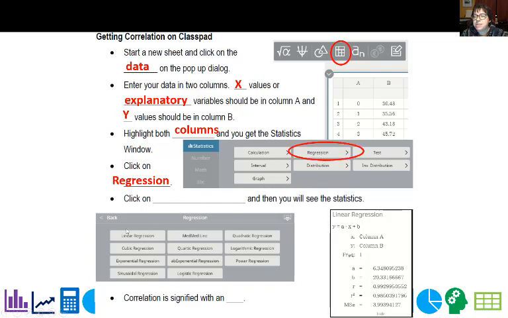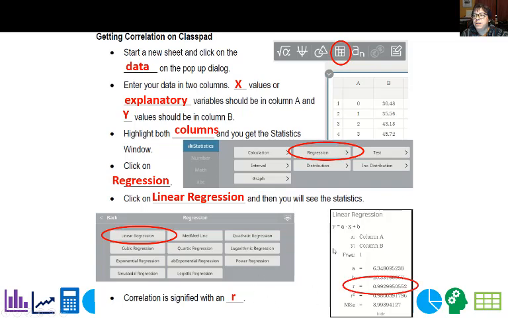Then you get this window pop up, and you want linear regression, which is right there. There are other types of regressions you can explore, but for our course, we only do linear regression. Remember that correlation is signified by R, so you can see there's our data, 0.99299, really 0.993 for our data, and that's how you can find correlation.